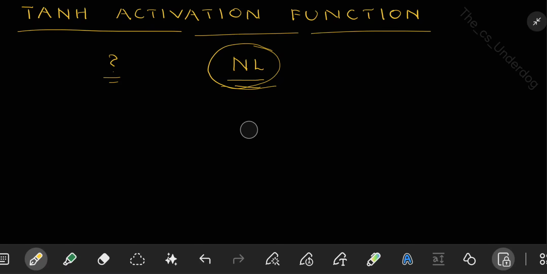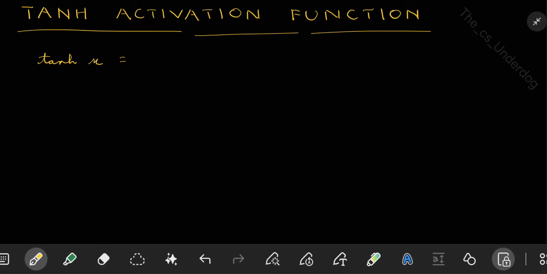Okay, let us see what is tan H activation function, what is its formula, what is the logic behind it. All these things we are going to see. We'll first write the mathematical formula, then we'll explain logically. Tan hx can be expressed as e power x minus e power minus x divided by e power x plus e power minus x.